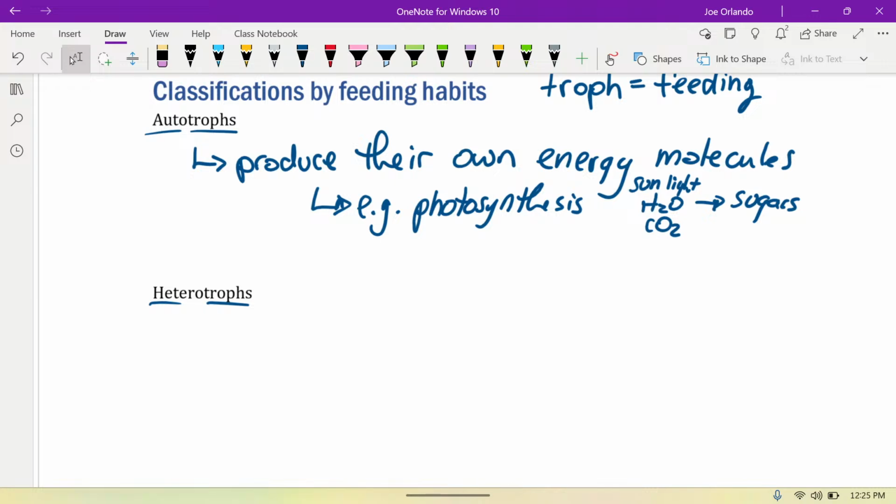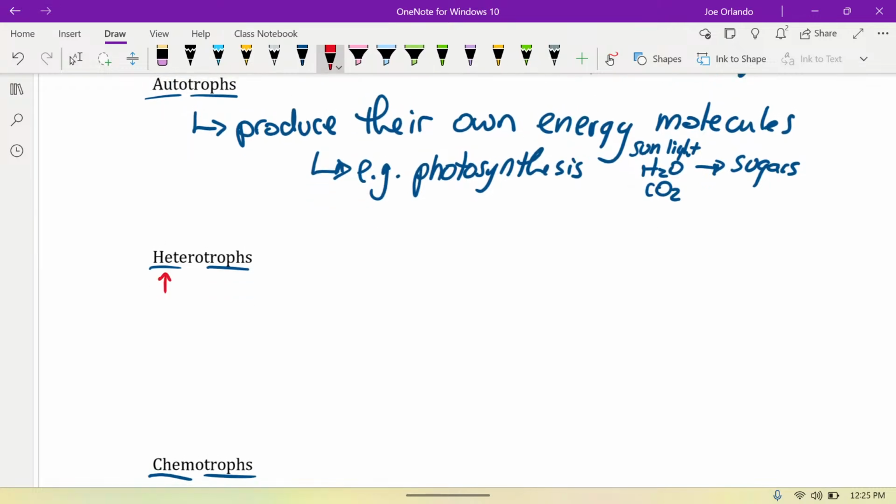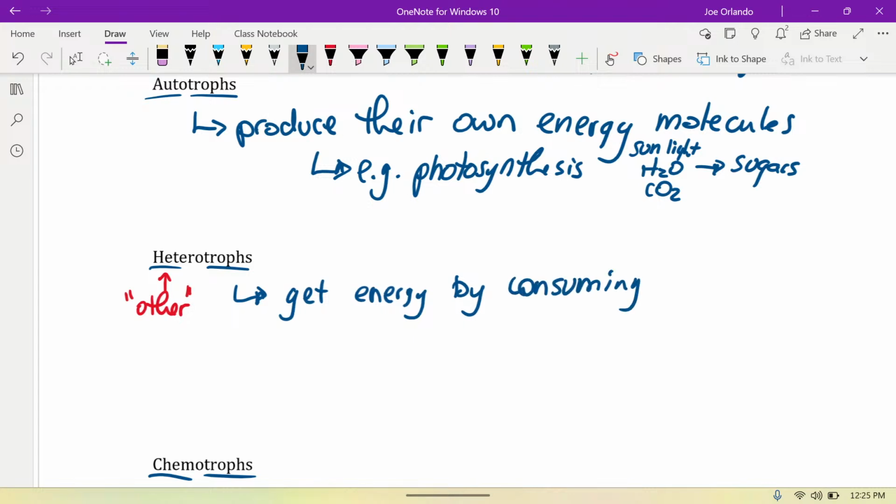If autotrophs feed themselves or create their own food, heterotrophs, what does hetero mean? Opposite. Yeah, other or opposite. And in this case, we're going to go other, right? Other feeding. This is what we do. We get energy by consuming other living things.